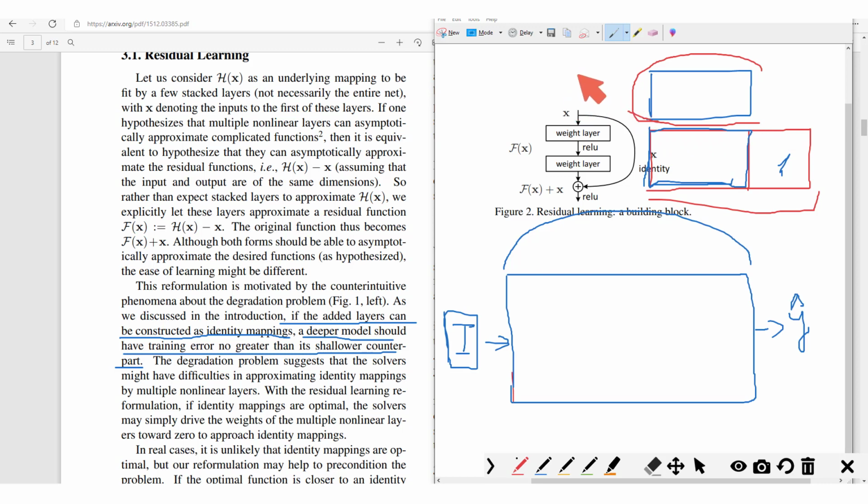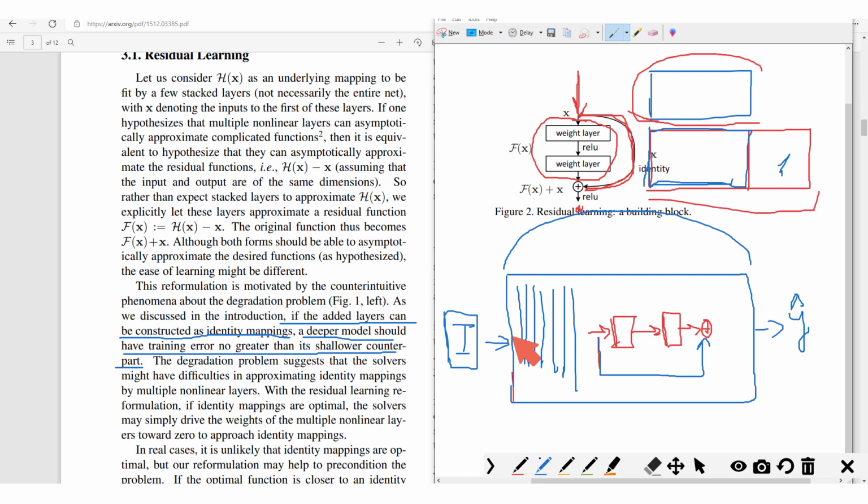And so this means that if we want to pass information from this point to this point right here, and the weights or the values in here dampen this information, then there is this path right here which permits us to simply copy this input information to the output. And obviously this is simply the identity function.